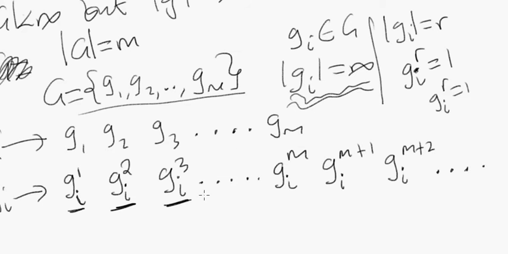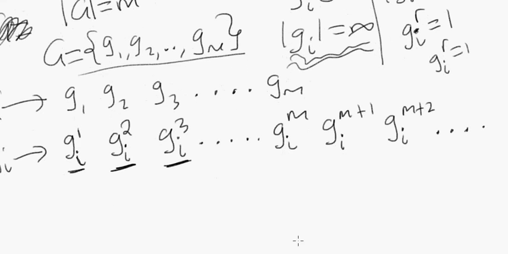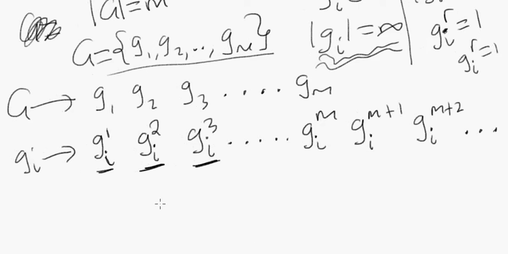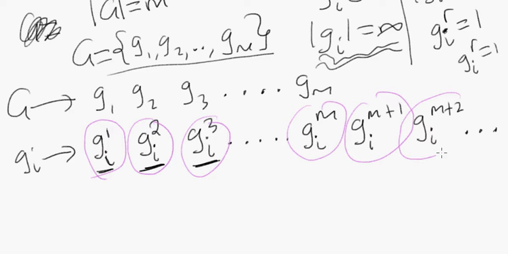Okay? So now let's notice that when we looked at this collection of objects where we raised g sub I to different powers, these objects here, g sub I to the 1, g sub I to the 2, g sub I to the 3, g sub I to the m, and so on and so forth, we notice that there are more elements of g sub I raised to some power than there are original elements in the group.